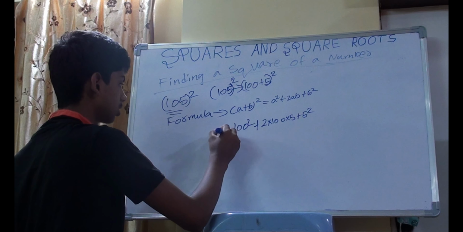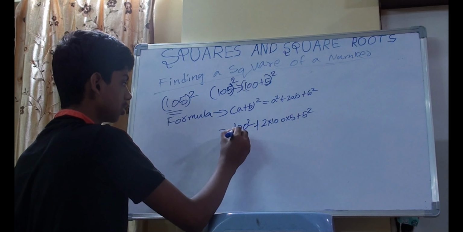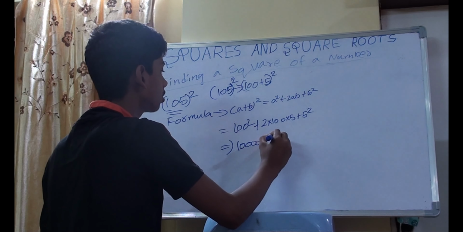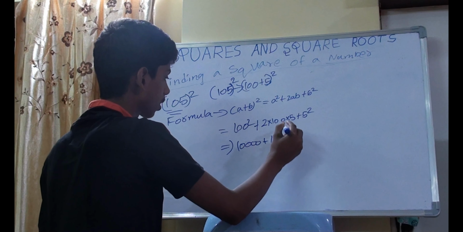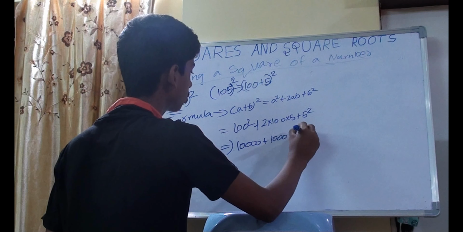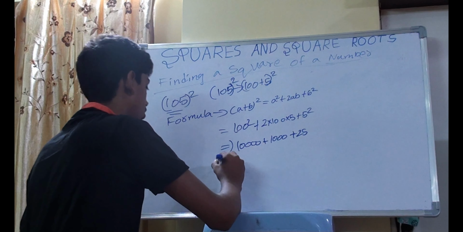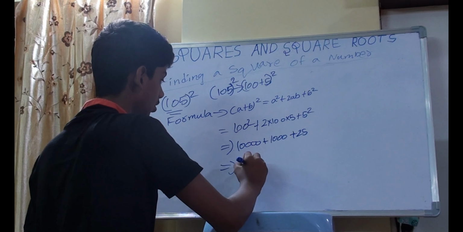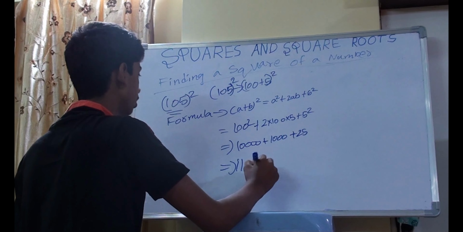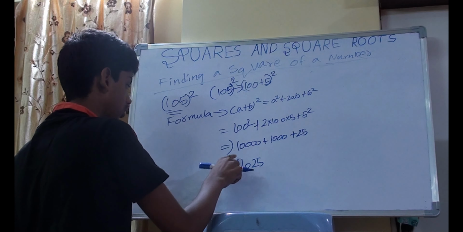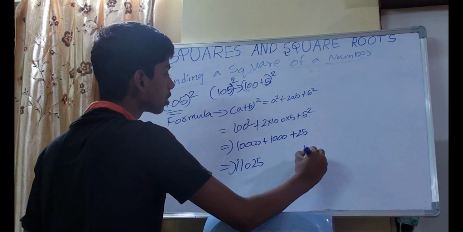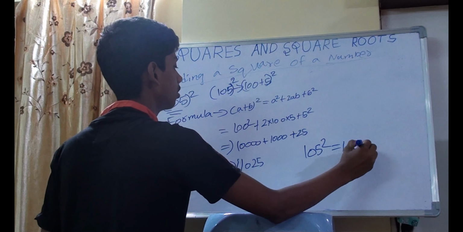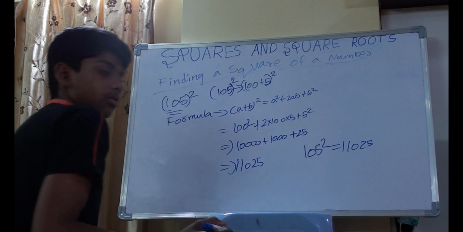So 100 square is 10,000, plus 1,000, plus 25. So this equals 11,025. So now we can say that 105 square equals 11,025.